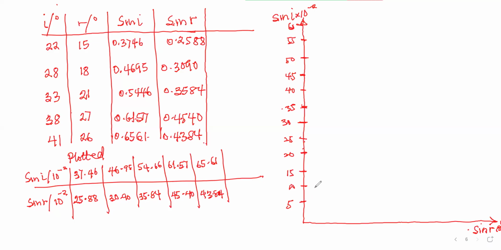But the first point to plot would start somewhere at this point, because your minimum value is 37.46 or 37.5. Your minimum value will be here.